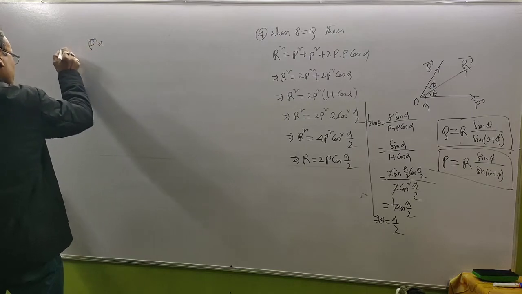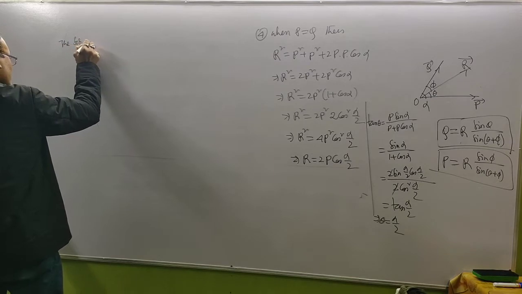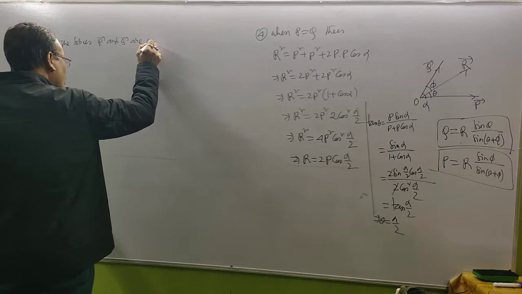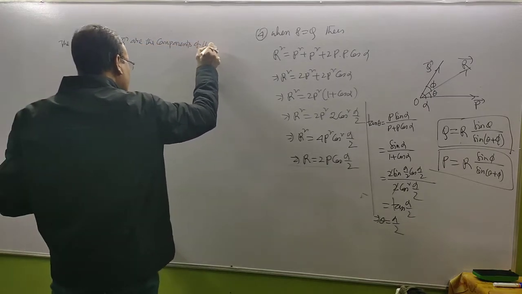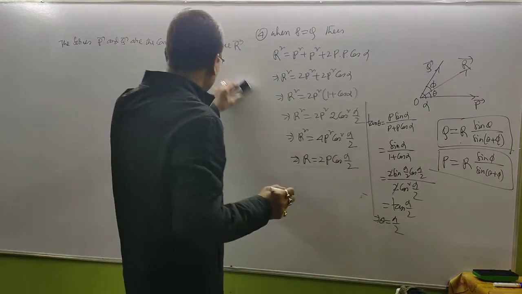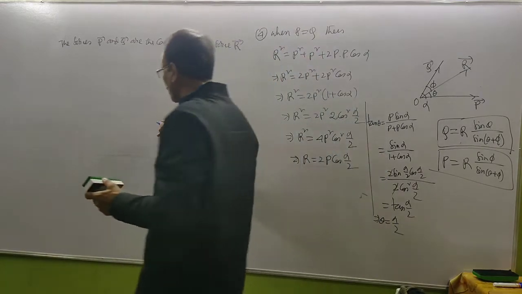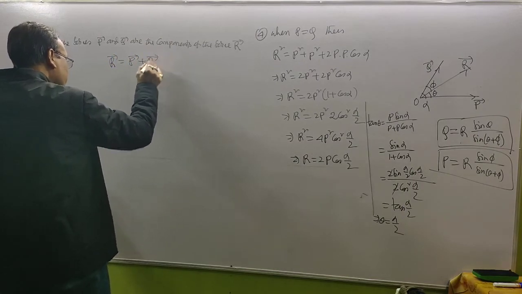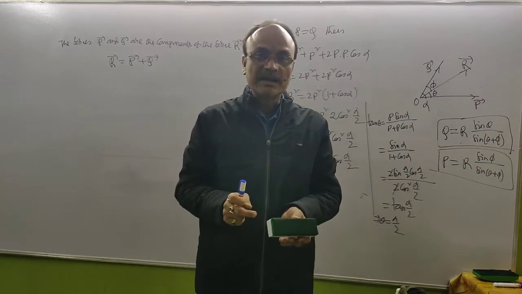P and Q are the components of the force R. R vector is equal to P vector plus Q vector.